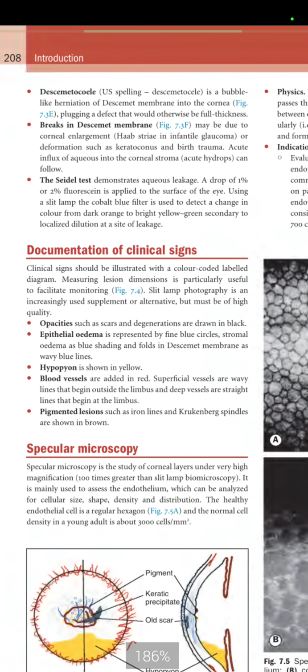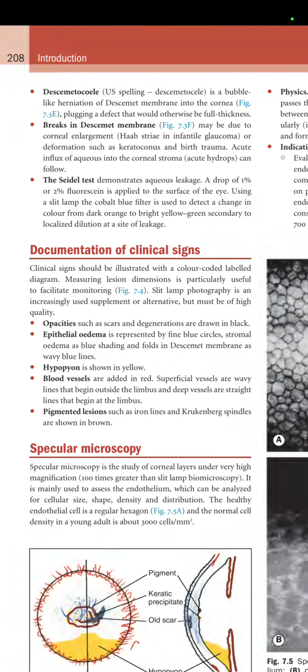Next is a break in the Descemet membrane. The break in the Descemet membrane may be due to corneal enlargement, Haab striae, and very important, Haab striae are horizontal break lines in the Descemet membrane. Any traumatic thing causes a break in the Descemet membrane, and when there is a break, there are lines that form.